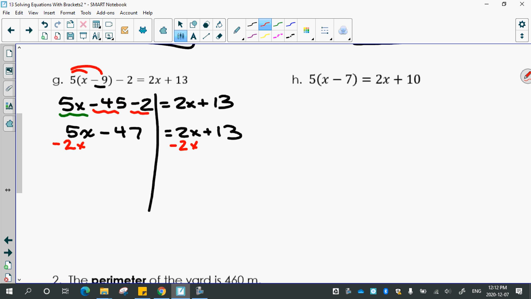Okay, make sure you always line it up with your x term. So there's your 0 pair. And then you think to yourself, 5x subtract 2x leaves you with 3 x's. Your purpose for doing it here was to create a 0 pair, so you just have 13 left on the right side.